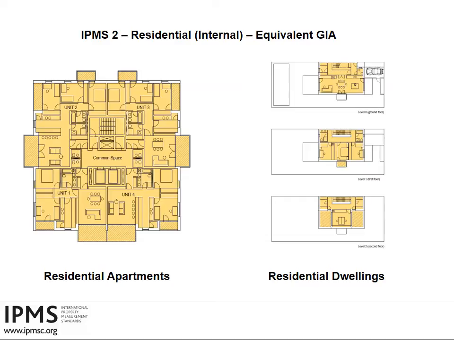It can be used to provide data on the use of space for benchmarking and marketing, and it enables users and service providers to make direct floor space comparisons between data from different market practices. IPMS 2 Residential is defined as the sum of the areas of each floor level of a residential building measured to the internal dominant face.